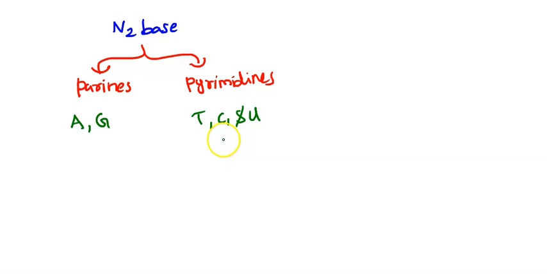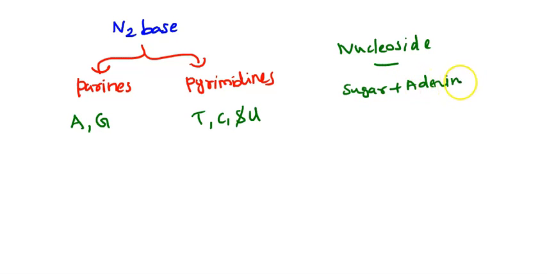Let me take an example for a nucleoside. For example, if a pentose sugar is connected with adenine, then we can call it adenosine. If it is a deoxyribose sugar, then we can call this nucleoside deoxyadenosine.